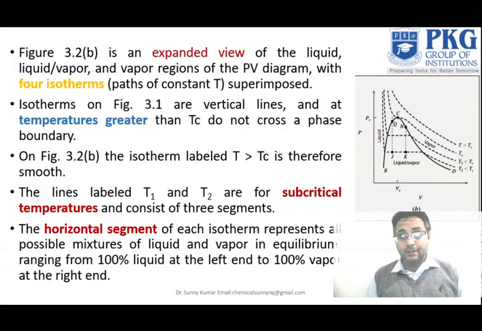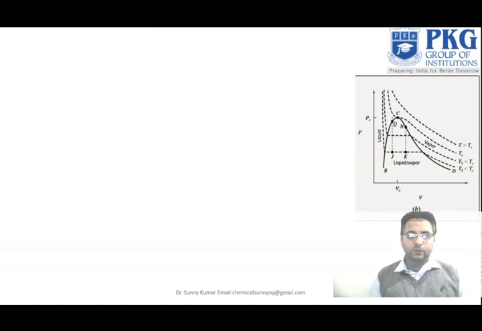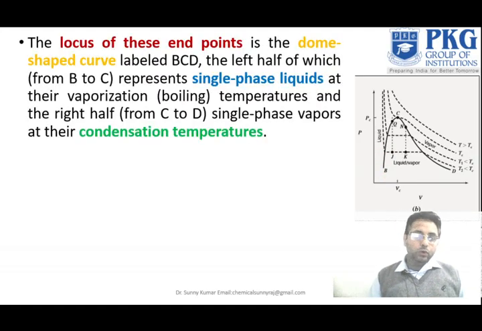In this condition, if you look at it, there is no change in temperature or pressure; the pressure is constant along this dotted line, at a subcritical temperature. The locus of these end points is the dome-shaped curve labeled BCD.